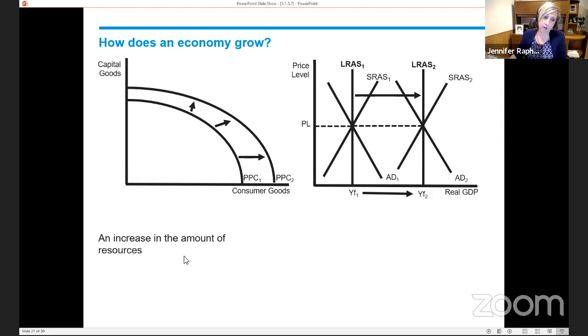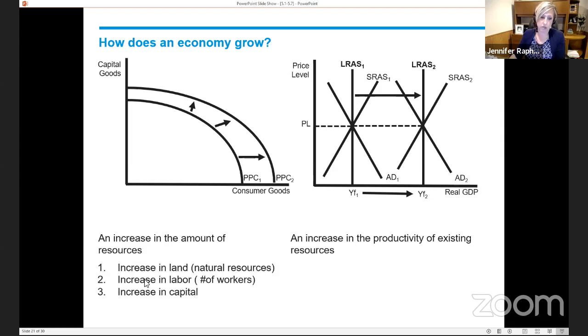And remember, back in Unit 1, you learned what the shift factors of the PPC were. You can talk about the PPC shifting because of an increase in the amount of resources that an economy has or an increase in the productivity of existing resources. So the resources are land, labor, capital, and entrepreneurship. When we talk about increases in land, we're talking about an increase in the amount of natural resources.